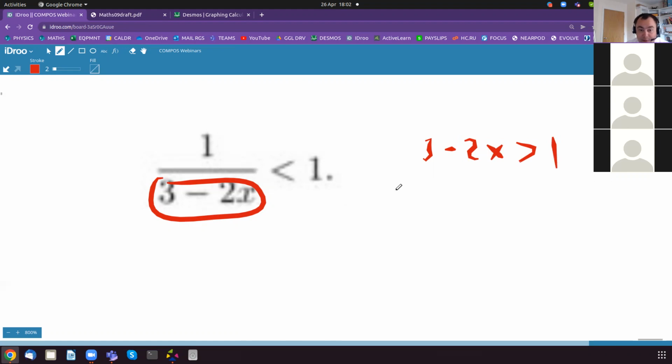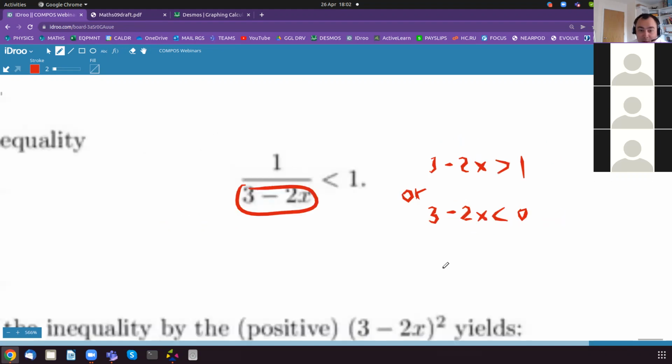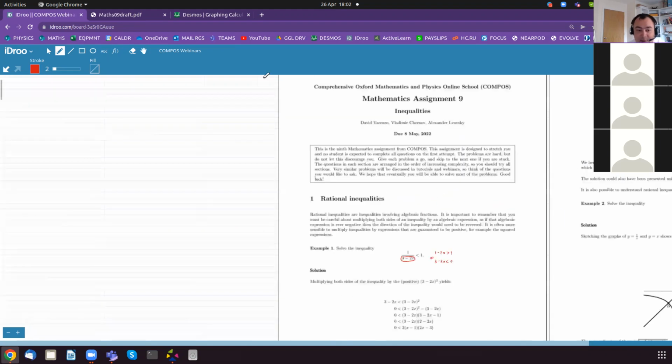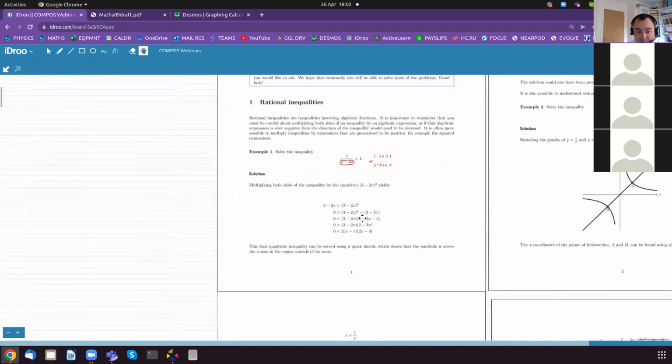Or if it's negative, any number will suit, because any negative number will be less than 1. Or 3 minus 2x is less than 0. This is another way of doing the same thing, but in a slightly different way.